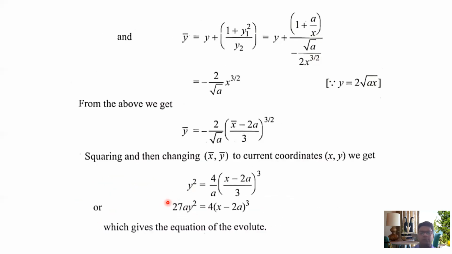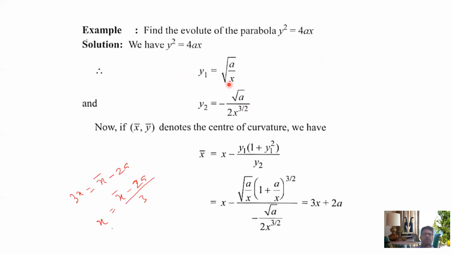So what you are doing here, I repeat, stepwise: first, what is the given information you have, find y1 and y2. Then find the center of curvature. x bar is equal to x minus y1 into 1 plus y1 whole square by y2.